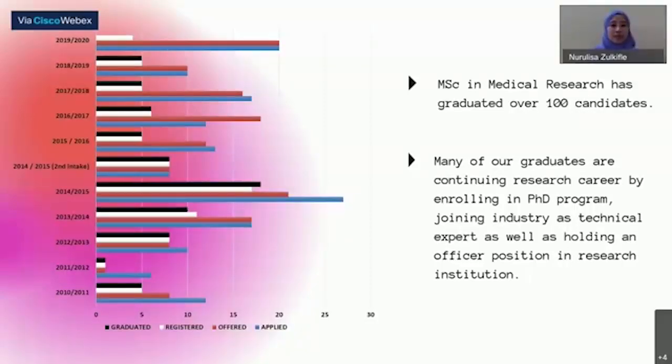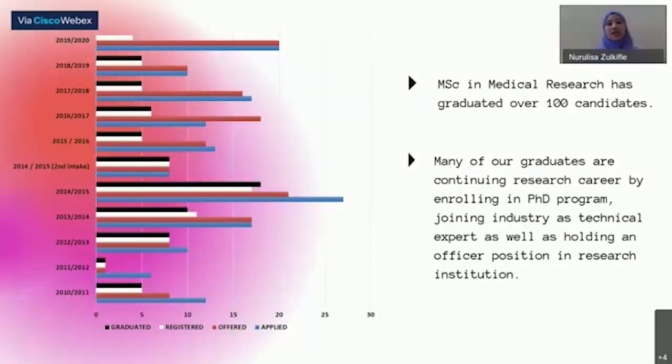So from the registered students, most managed to complete the program within 1 year. There are no big issues about withdrawing or failing; there are some small issues, but usually they can be sorted, and most of our students graduate on time. Since 15 years ago, MSc in Medical Research has graduated over 100 candidates.